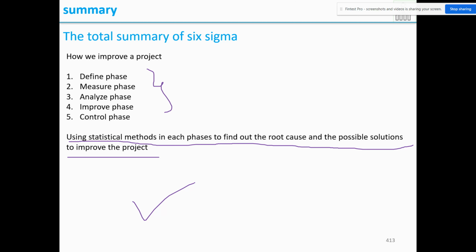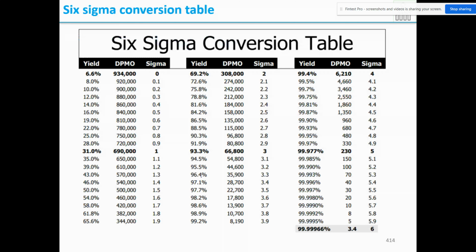We may say it is a silly root cause that you have found, but before Six Sigma you were not accepting it. Correct? That means small things affect bigger problems. Therefore, when you go in a systematic manner to solve a problem, we can use Six Sigma methodologies to improve a project or solve a problem.